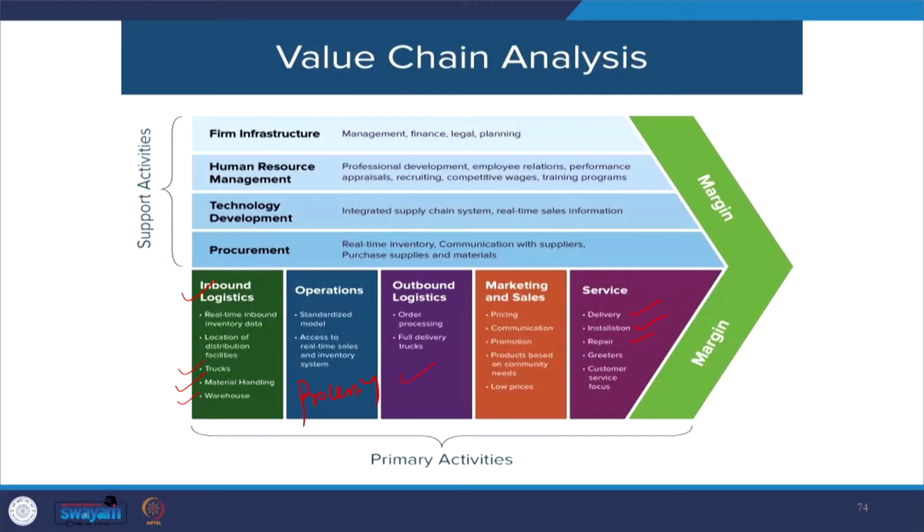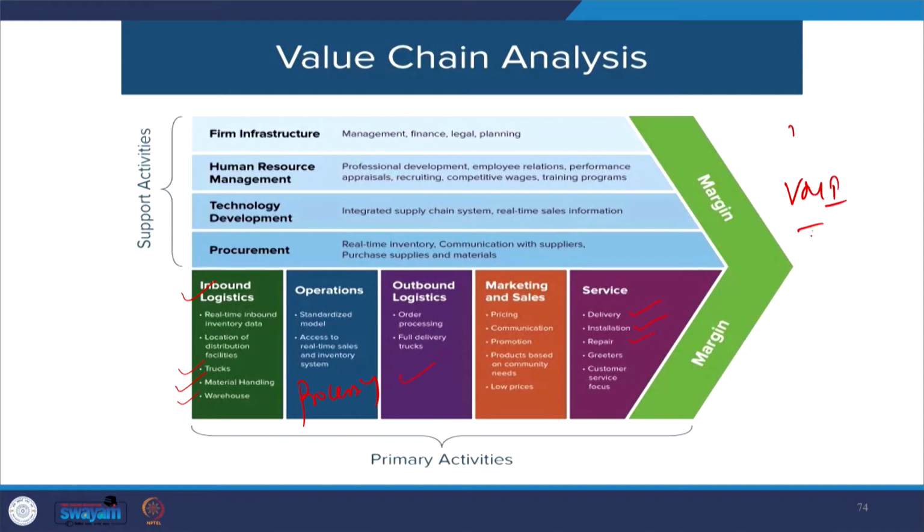Similarly, in the support activities, you have firm infrastructure like management, finance, legal, planning, and human resource management like employee relationships, performance appraisal. They are support activities. They do not directly have an impact, but they are support activities. Technology development, for example, integrated supply chain systems, real time sales information, and procurement, like for example real time inventory, communicating with the suppliers. Nowadays, concepts like vendor managed inventory, just in time.